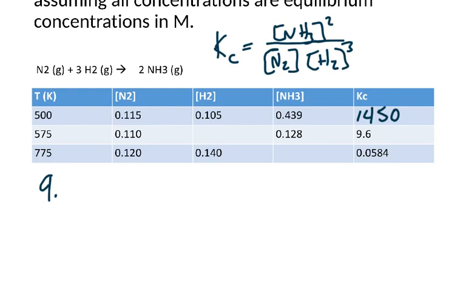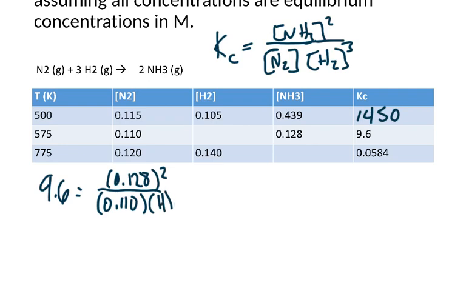So we know that our Kc is 9.6 is going to equal our ammonia is 0.128. That gets squared divided by our 0.110 times our H2 cubed. So now we have to rearrange and solve for our H2.